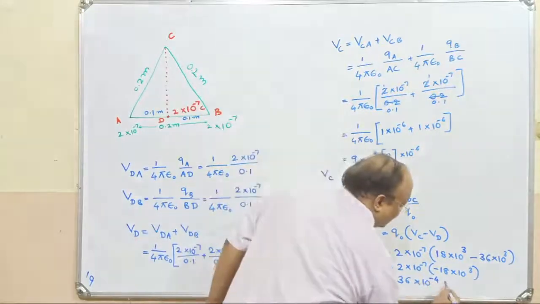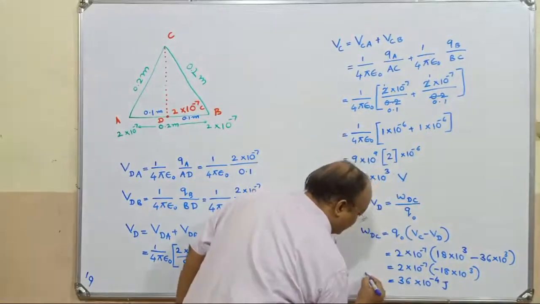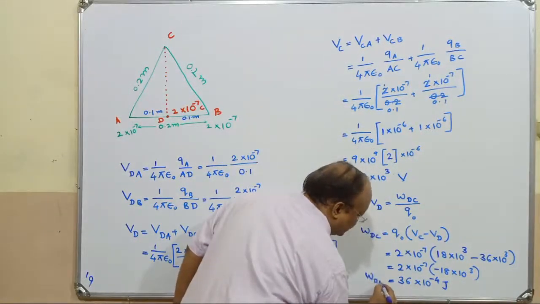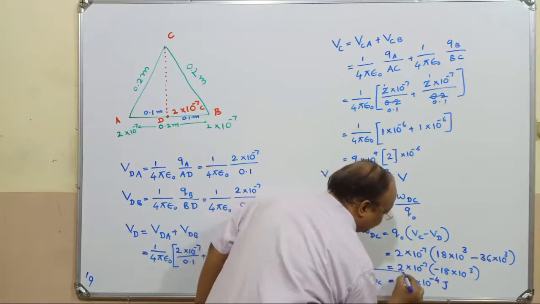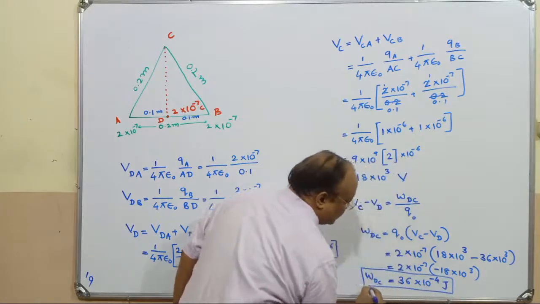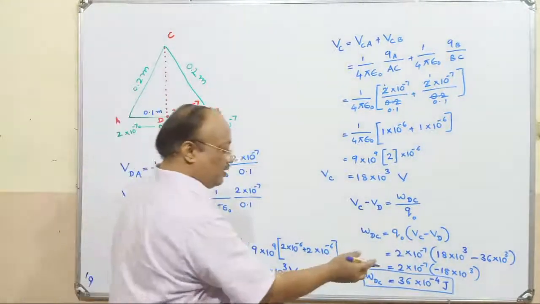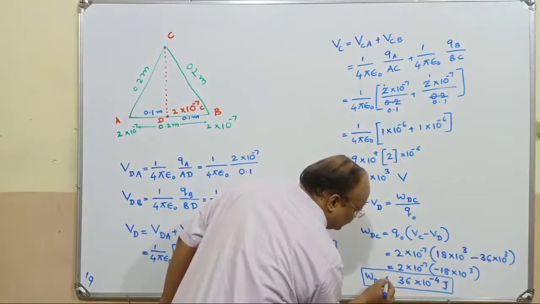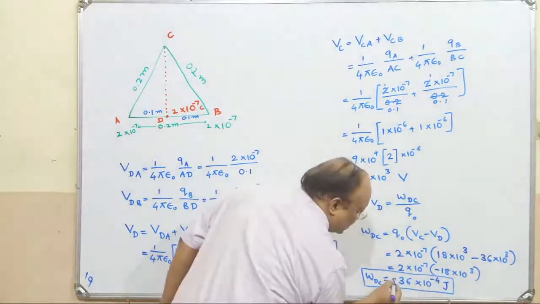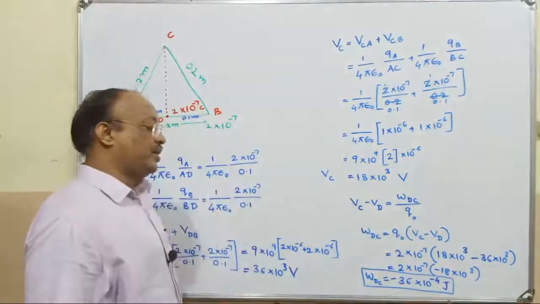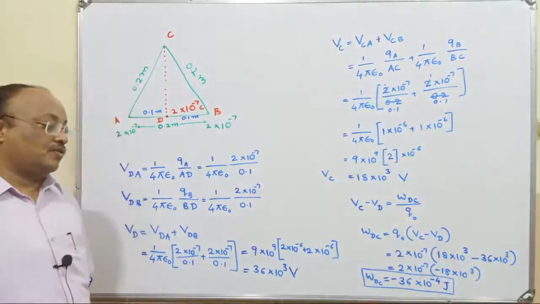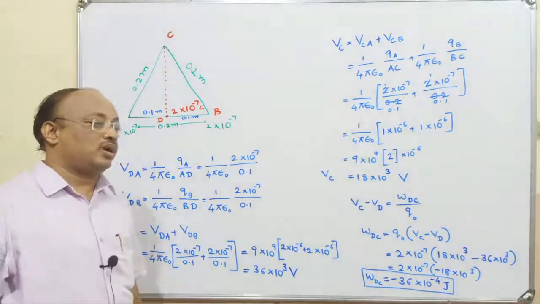So WDC is minus 36 into 10 to the power of minus 4 joule of amount.